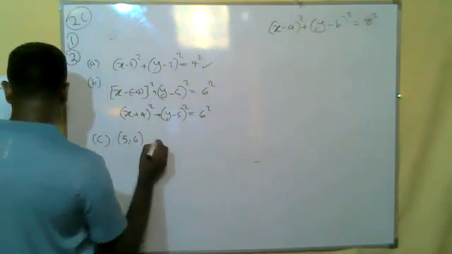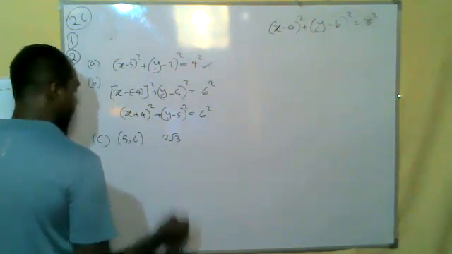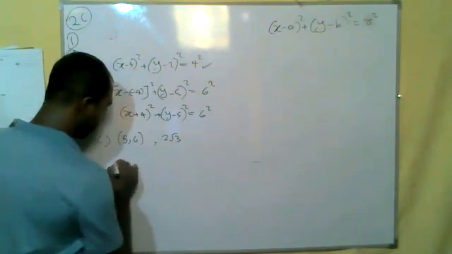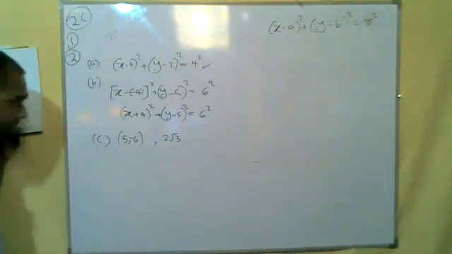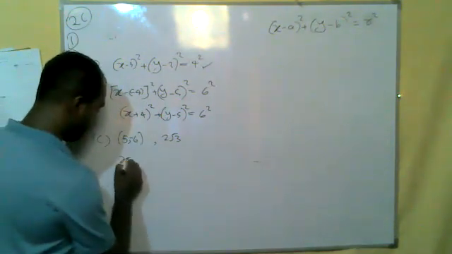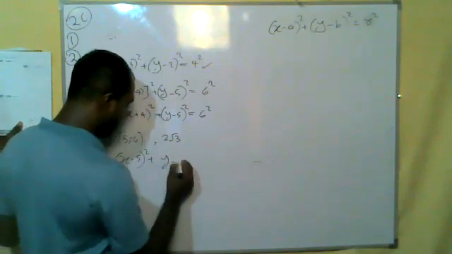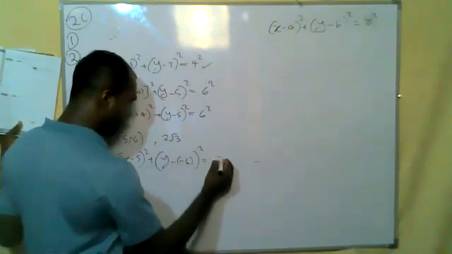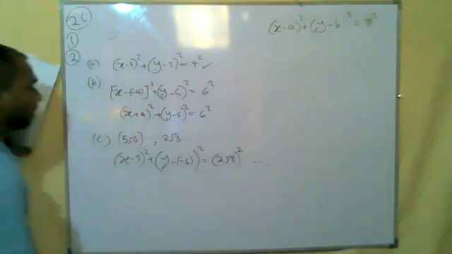(5, minus 6), what is the radius? 2 comma square root 3. No, so what can we write here? (x minus 5) to the power 2 plus (y minus minus 6) to the power 2 equals square root 3 to the power 2.